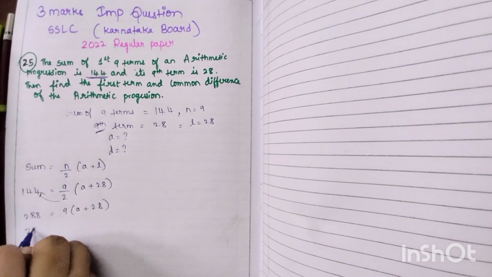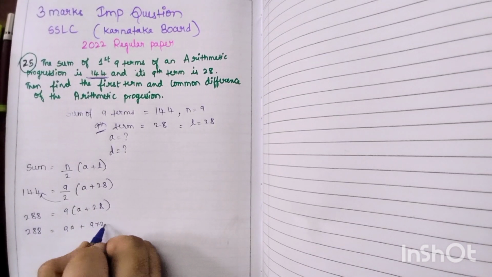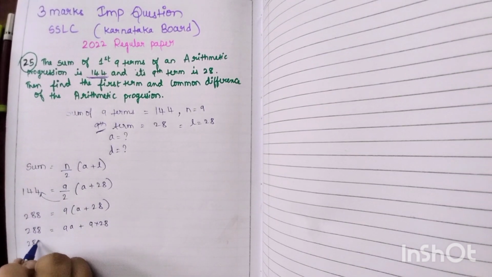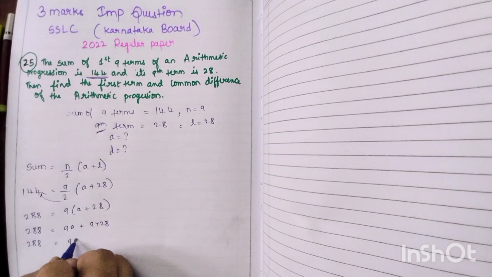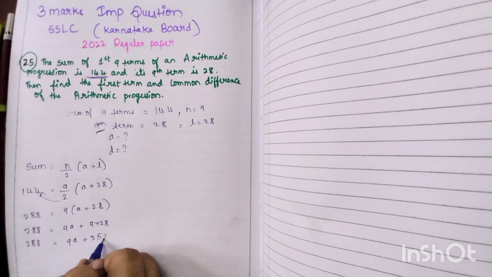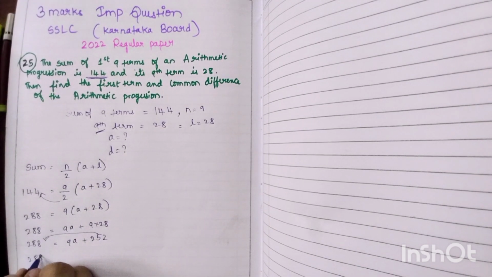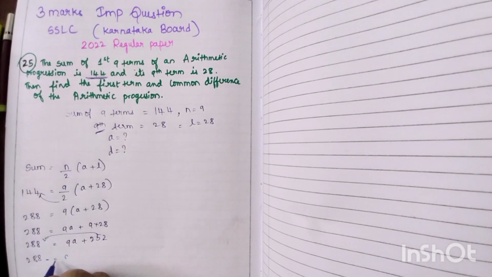Then 9A plus 9 into 28, if we multiply this, 252. Sending this to this side, 288 is equal to 9A plus 252.